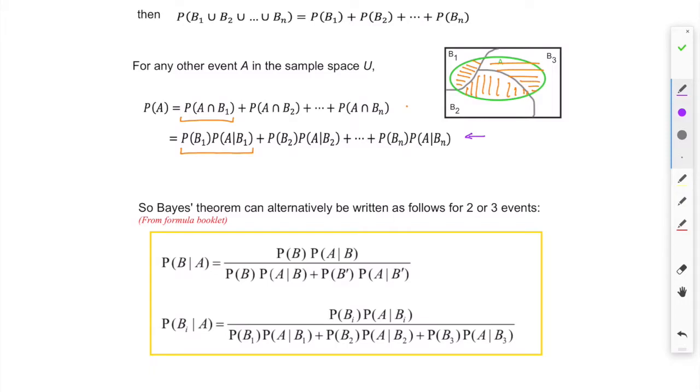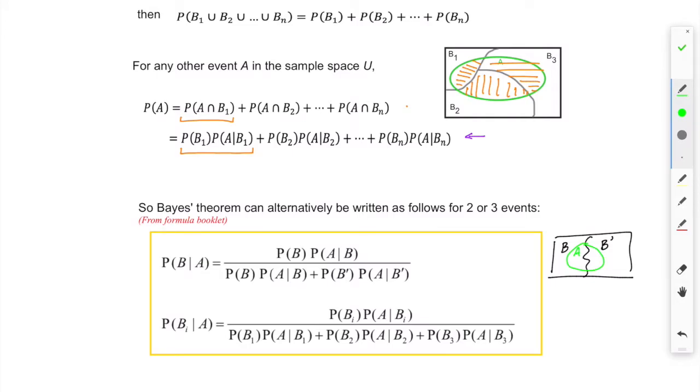Okay. From your IB formula booklet, you're going to find 2 Bayes' theorem formulas relating to 2 partitions versus 3 partitions. The top formula here relates to having 2 partitions, namely B and B prime, in the universe. So whatever happens, B doesn't happen in B prime. And if I'm interested in the occurrence of B in the event A, but A does overlap both sides of B and B prime, then you can use the top formula.